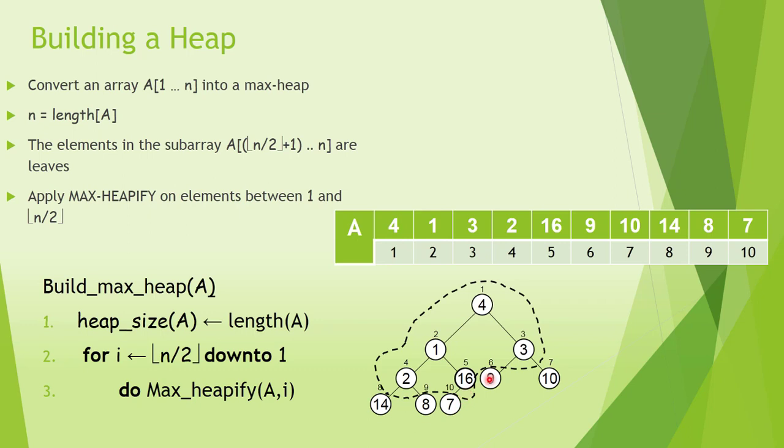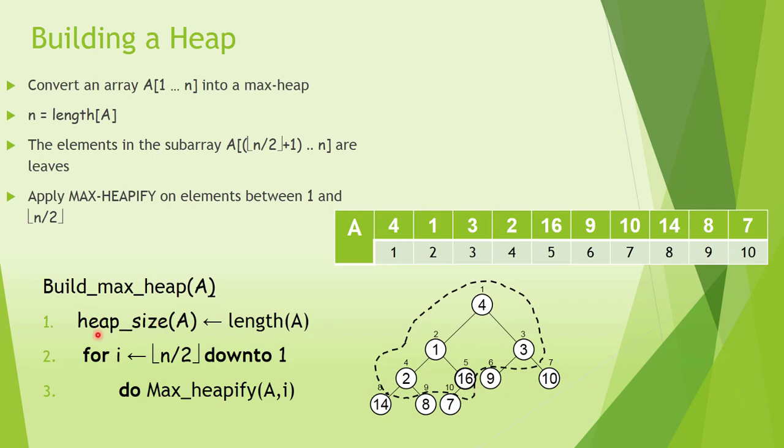The elements from 6 to 10 are actually leaves. So leaf means there is no left subtree and right subtree. So what we do here is apply max-heap5 on elements between 1 and n by 2. Here we apply the max-heap5 procedure only to elements from 1 to 5 because those elements have children.